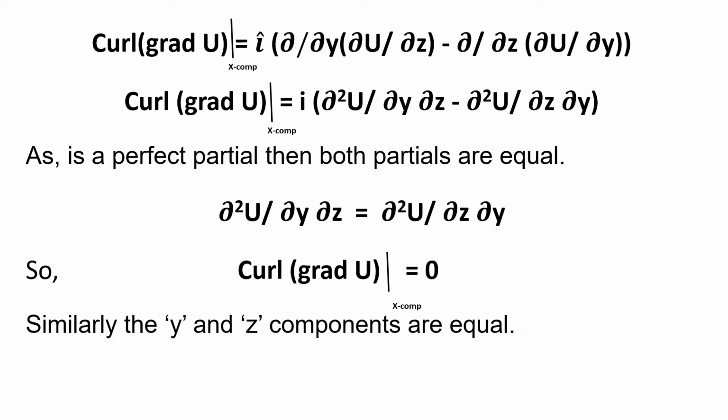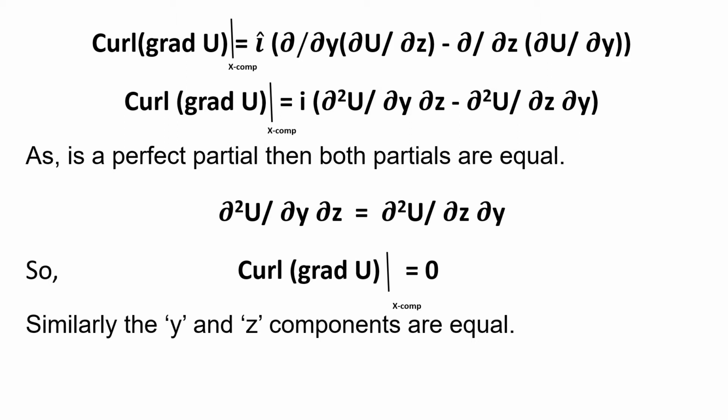That is a perfect partial on both sides, so partial square u over partial y partial z is equal to partial square u over partial z partial y. Since the two partials are equal, the above value is equal to 0.